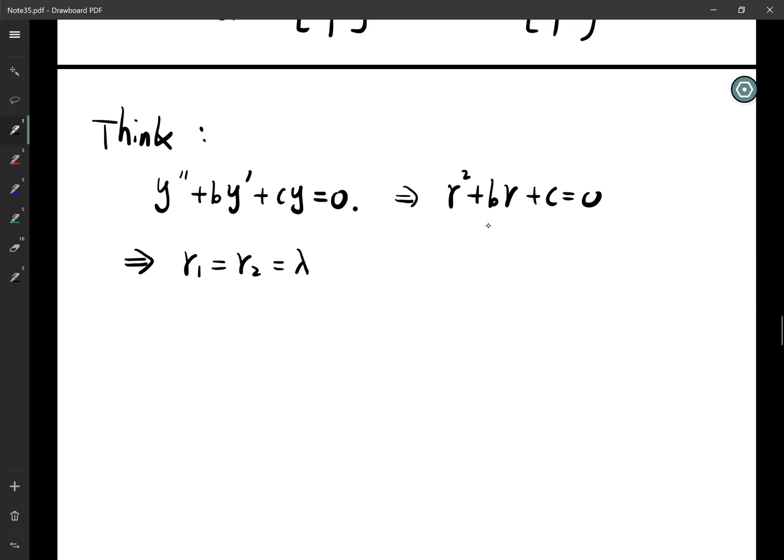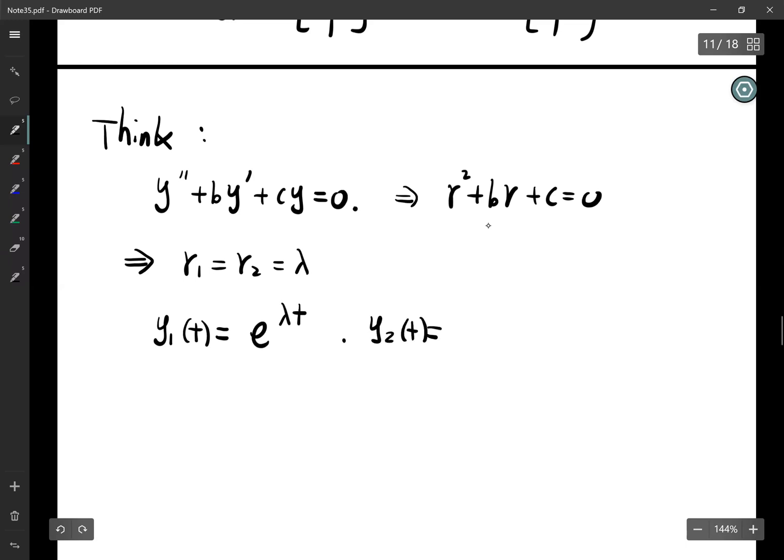We know that the solution should look like e^(λt), and y2(t) equals t times exponential λt. Okay, this is fact 1.